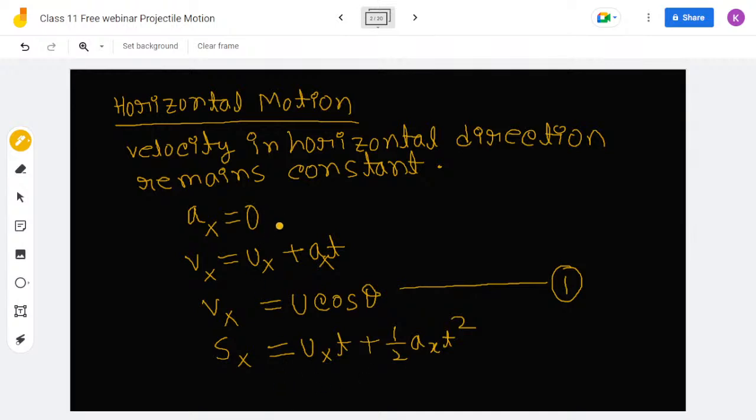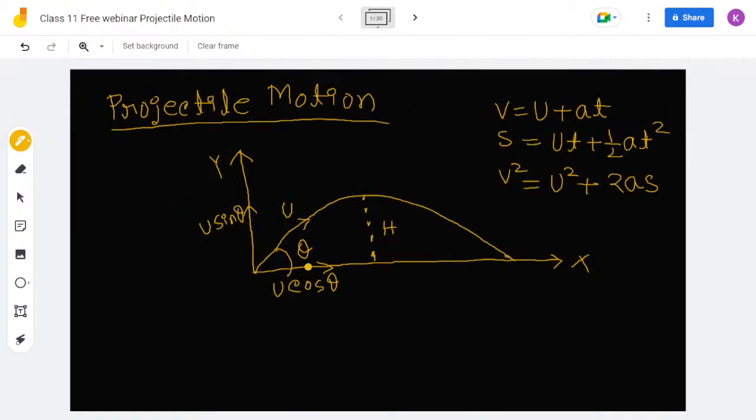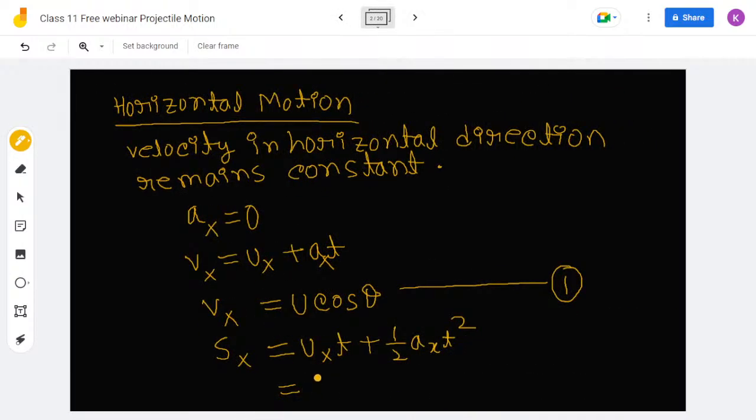Then for horizontal motion, a suffix x or acceleration is 0, and the x component of the velocity, ux, is u cos theta. So we can say u cos theta multiplied by t, and as acceleration is 0, there is plus 0, and this becomes equation number 2.